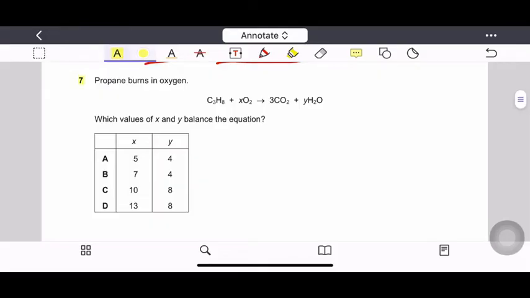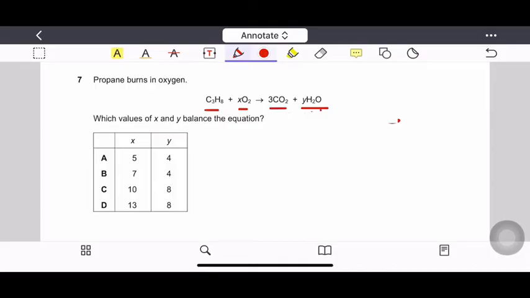Question 7. Propane burns in oxygen. Propane plus XO2 makes 3CO2 plus YH2O. Which values of X and Y balance the equation? Whenever you have to balance the equation of an organic compound, I suggest you first of all balance carbon, then hydrogen, and after that oxygen. Carbon is already balanced. Second, you have to balance hydrogen.